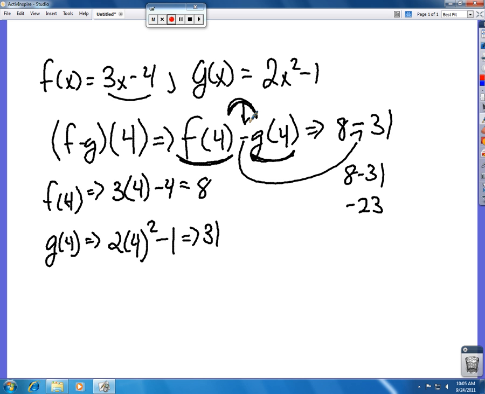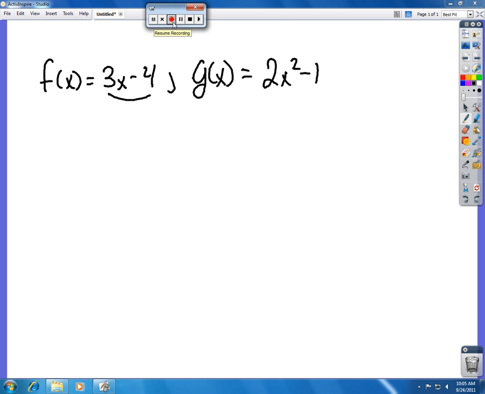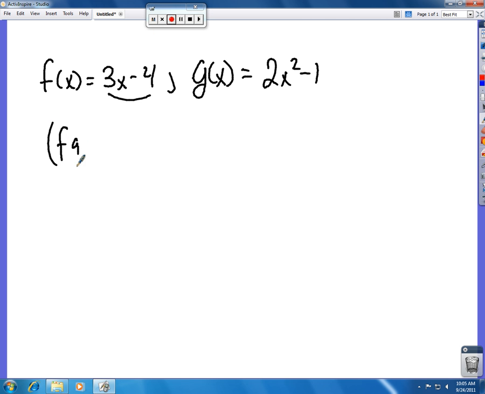So let me erase this one more time. Okay, so we've done addition and subtraction. Let's do multiplication. Let's do a negative number this time. Let's do negative 2. Again, the same thing. Let's break this down as such.